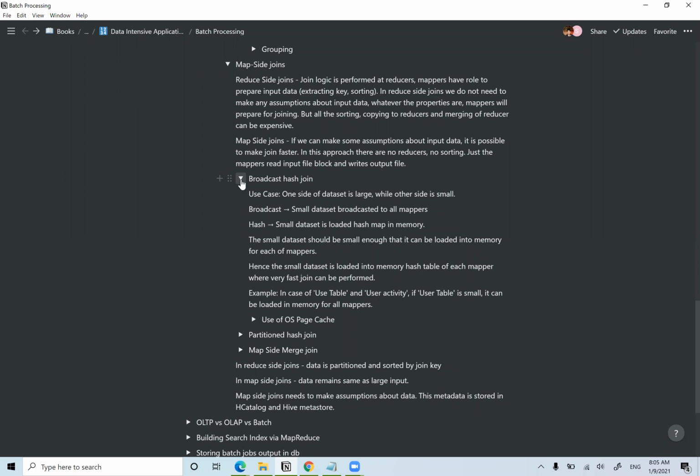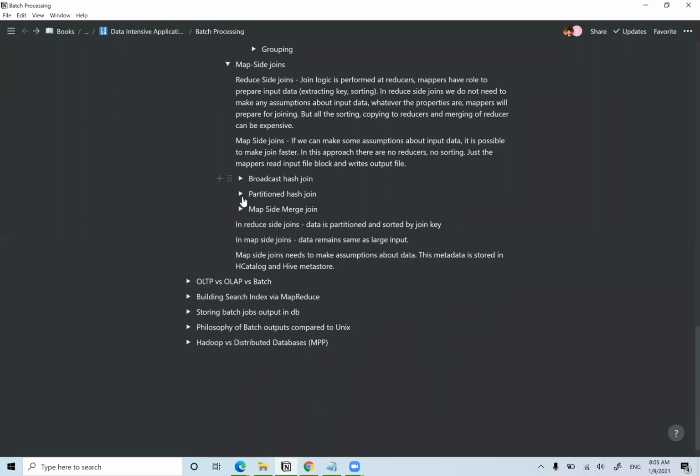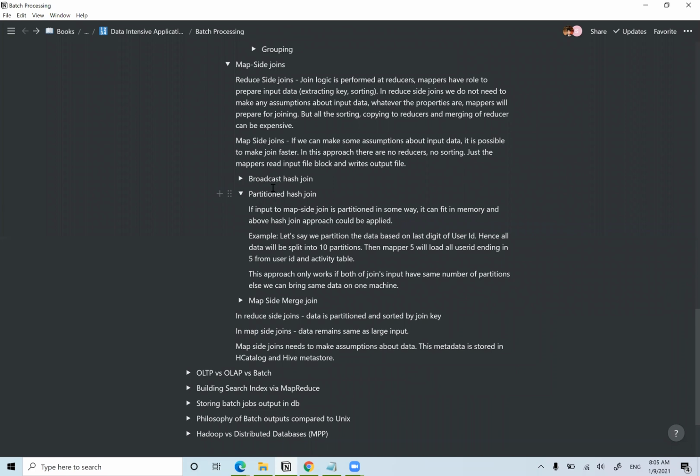The other approach is partitioned hash join. In this partition hash join, the input data is partitioned onto various machines, and it's sorted.